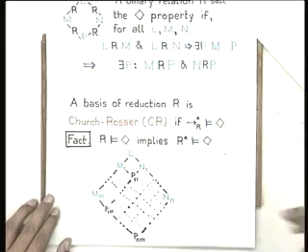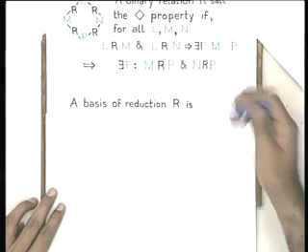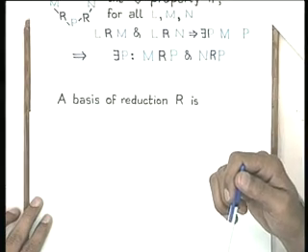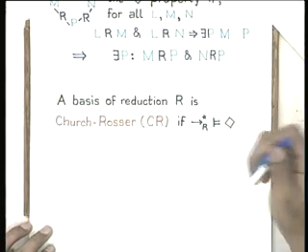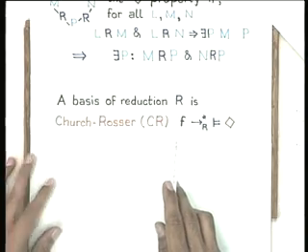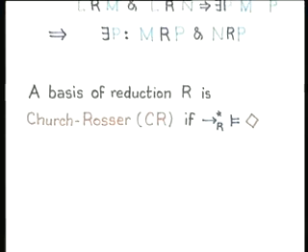So, a basis of reduction. Now, supposing instead of just being an arbitrary binary relation, your binary relation was actually a basis of reduction. Now, this basis of reduction is Church-Rosser if, from the basis of reduction you get the compatible closure, which is the one step reduction.